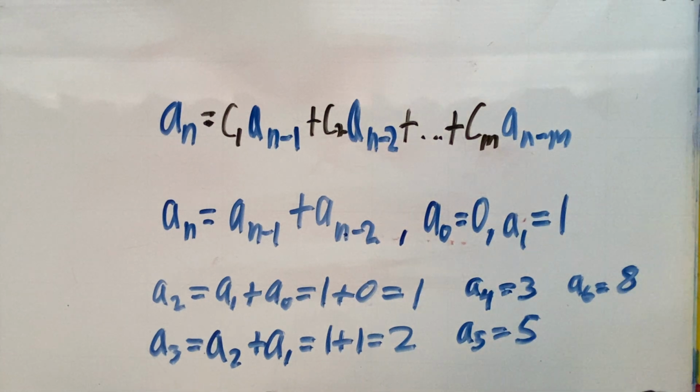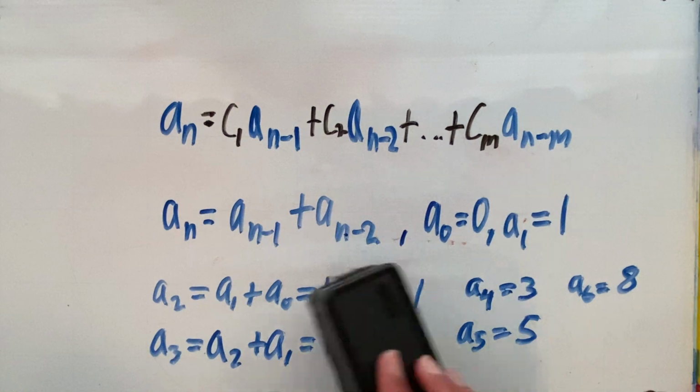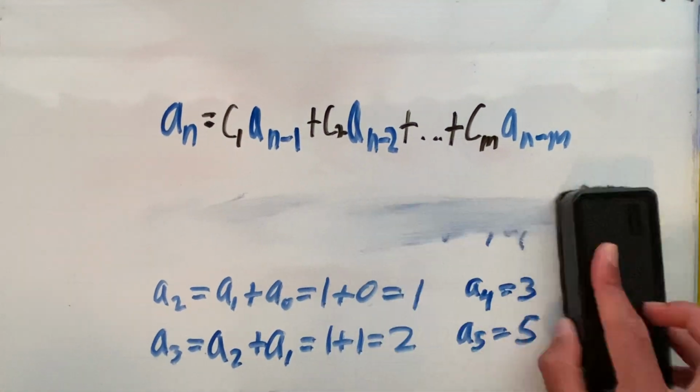And so now the question is, what does it mean to solve a linear homogeneous recurrence relation with constant coefficients? A solution would mean something that allows you to compute a value for a sub n without knowing all of the terms that precede it. And this is called an explicit formula for a sub n.